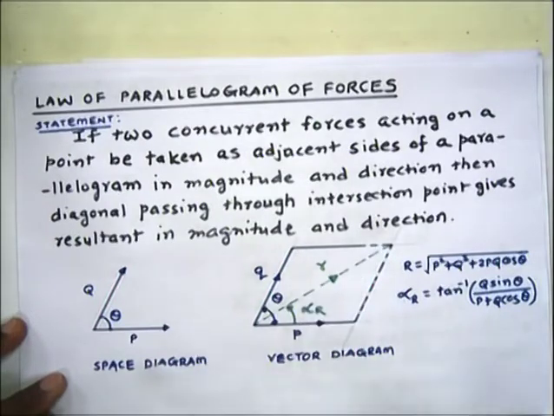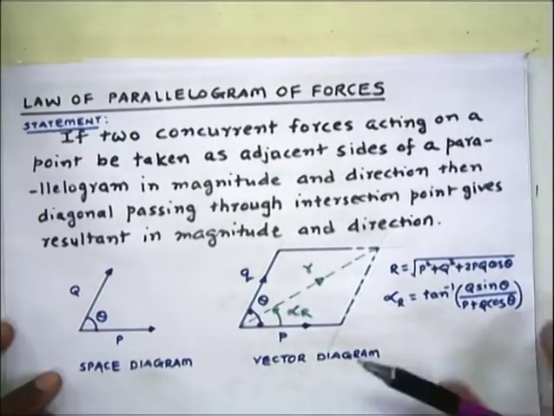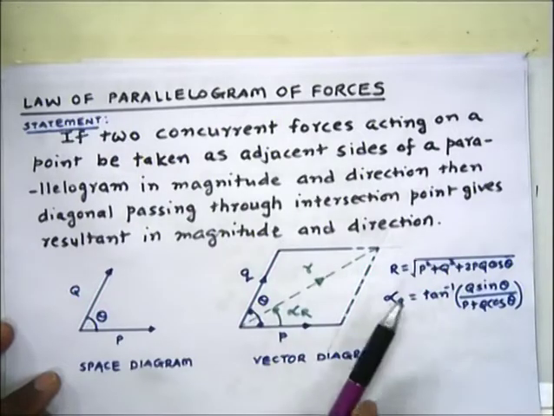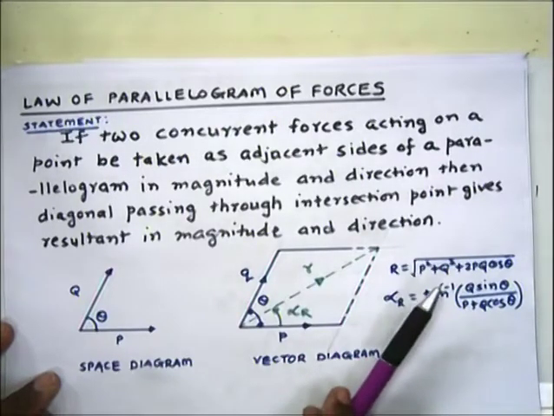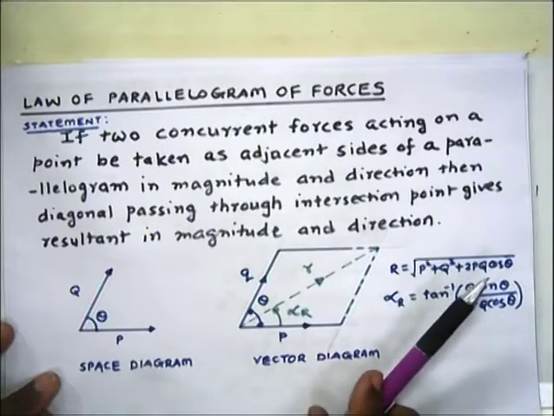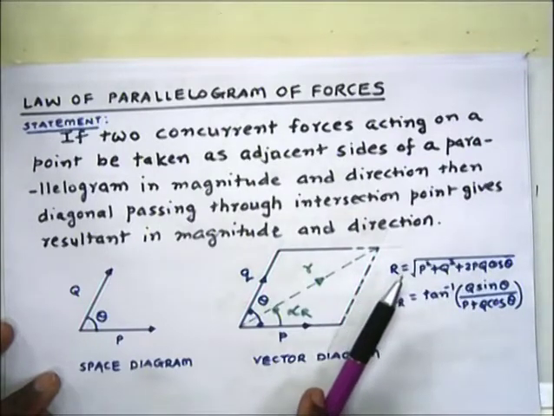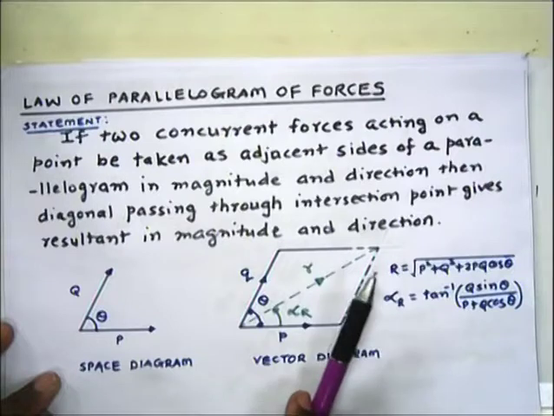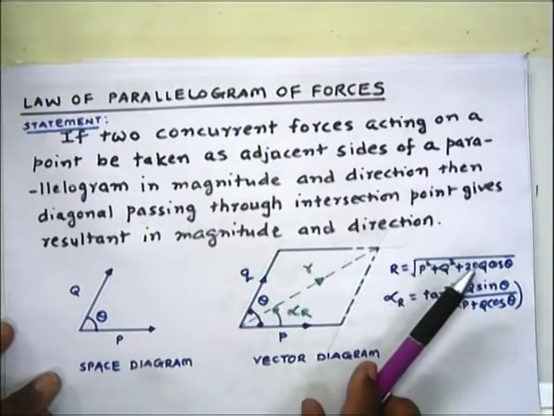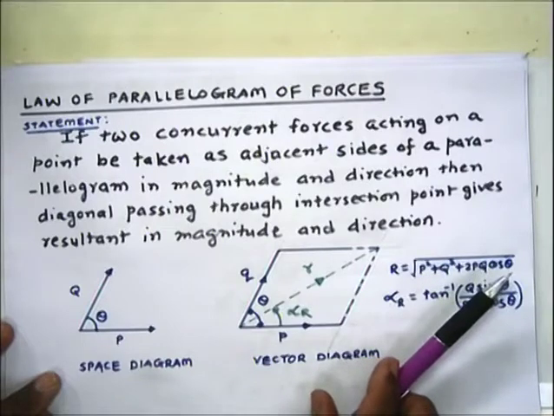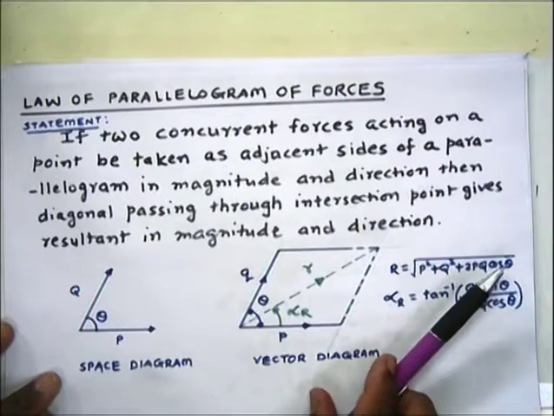So this is what the law is, and its analytical formula: R is given by the root of P square plus Q square plus 2PQ cos theta, where R is the resultant of P and Q. Here P is one force, Q is the other force, and theta is the angle between these two concurrent forces.